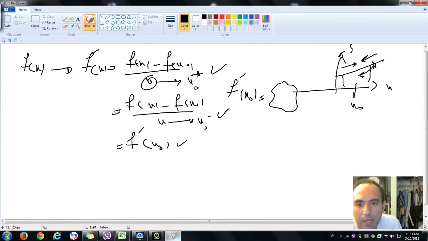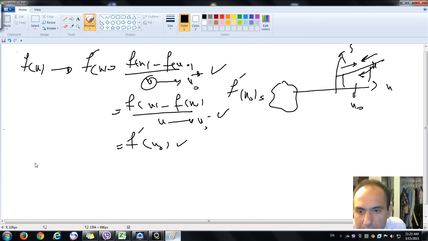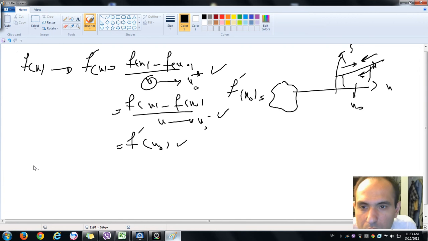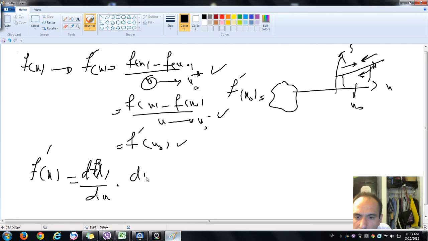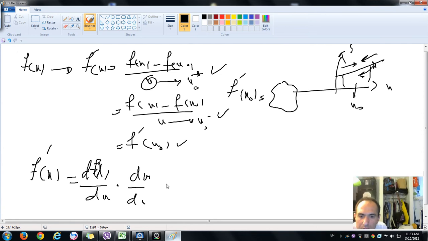And my point here was this: when you take the derivative of the function, d of f of x over d of x, this is equal to f prime of x equal to 1.